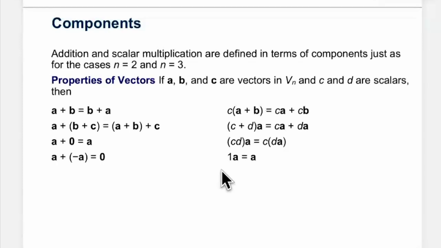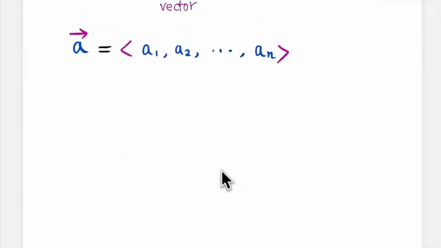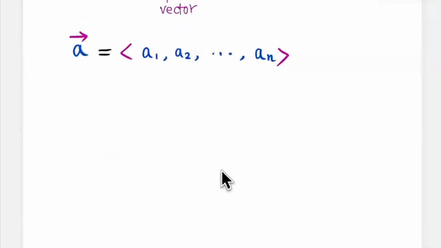Now let's continue with some properties of vectors. Maybe I'll give you one more example first. Could you find the sum of the 2 given vectors?